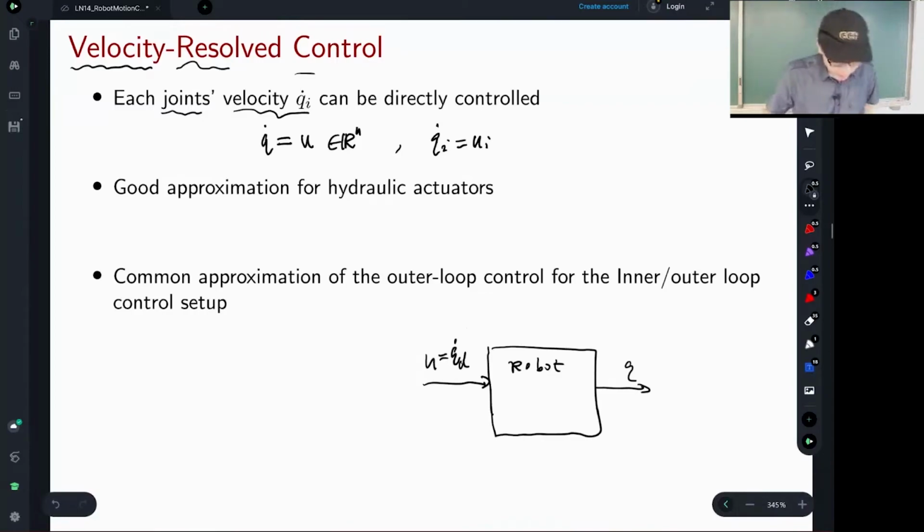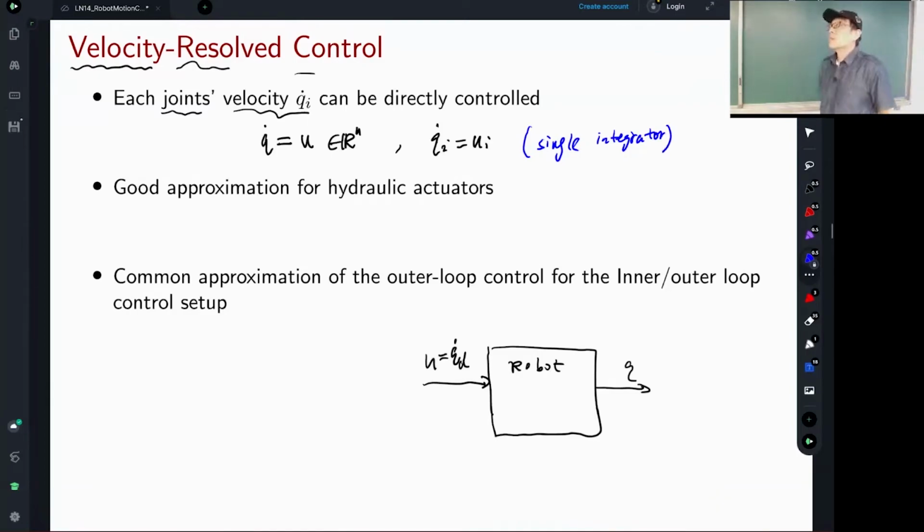It's almost like a trivial system, which is a single integrator. You can directly specify the velocity of the joints. Whether that's a good assumption or not is another story. Let's assume that's what we need to tell the robot.